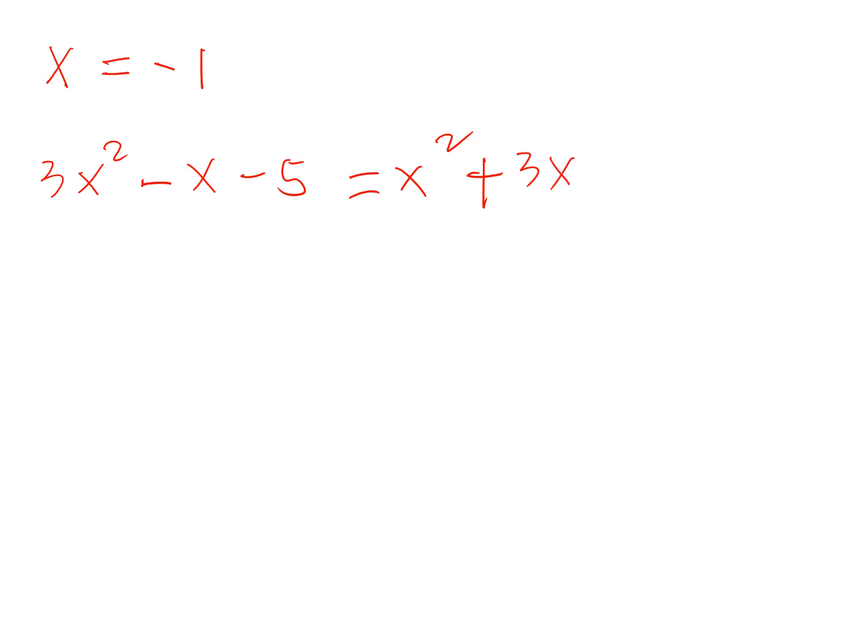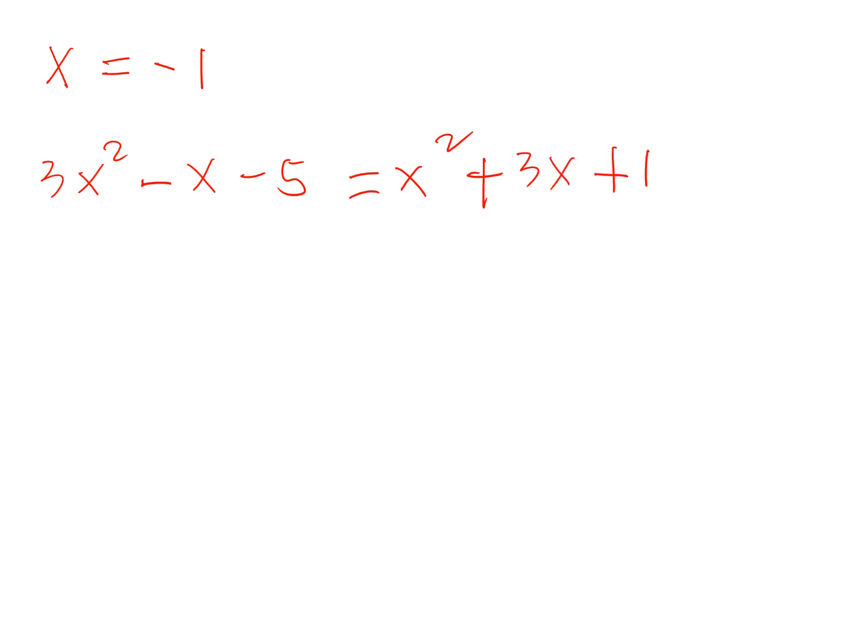Next, we're going to check if x equals negative 1. So we have 3x squared minus x minus 5, this is the original equation, equals x squared plus 3x plus 1.